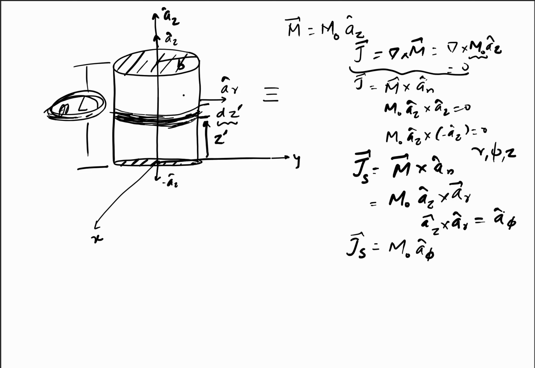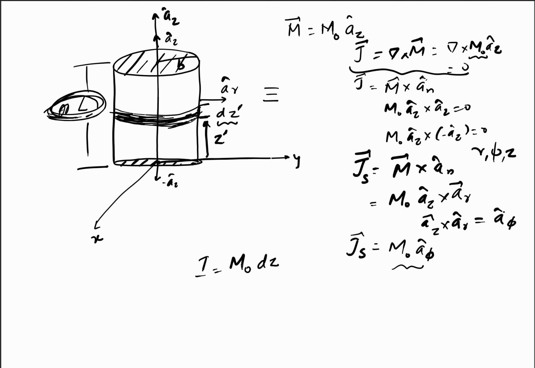Now the surface current density is M naught a phi, flowing on the surface per unit length. So in a small length of dz dash, the current will be M naught dz dash. So this will be the current.